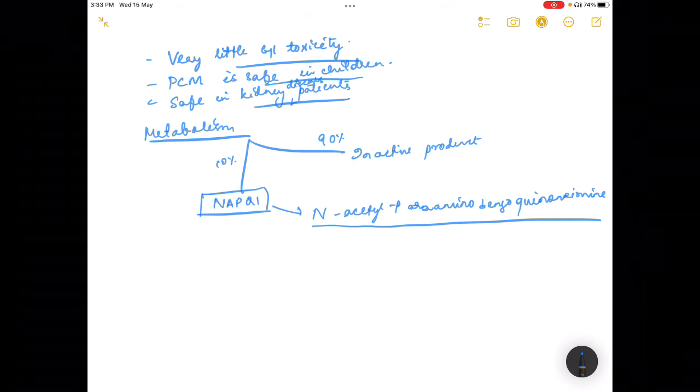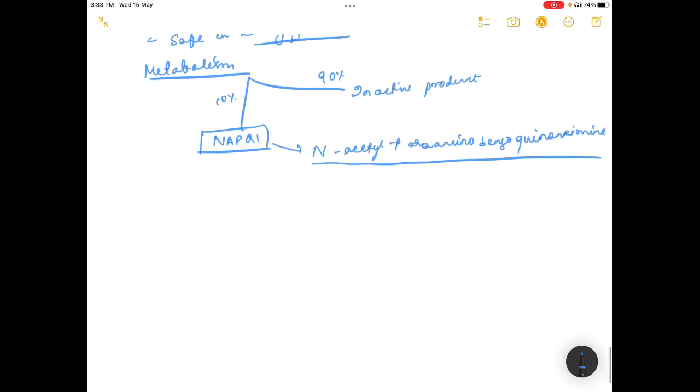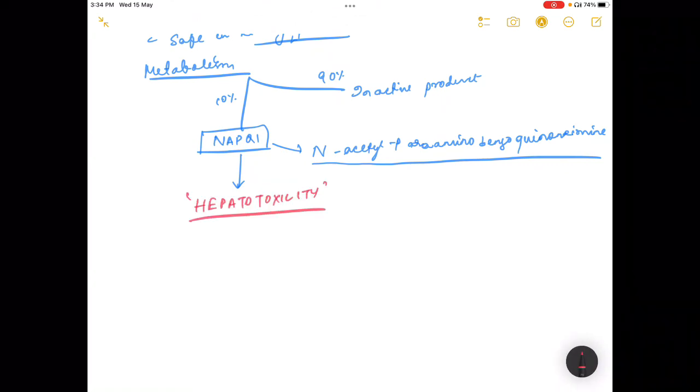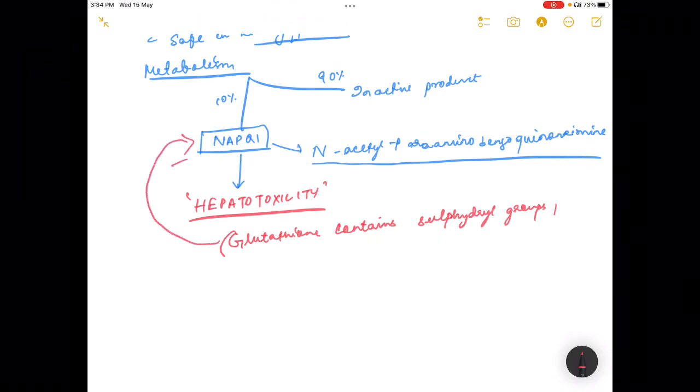This NAPQI has high affinity for the sulfhydryl groups and can combine with the enzymes and other biomolecules. This results in hepatotoxicity. But what happens in normal individuals? The paracetamol is a safe drug, we know. This is because the glutathione contains sulfhydryl groups and this glutathione combines with this NAPQI and detoxifies it.